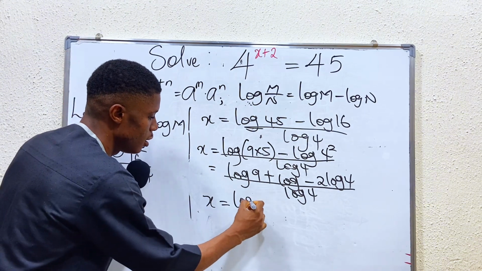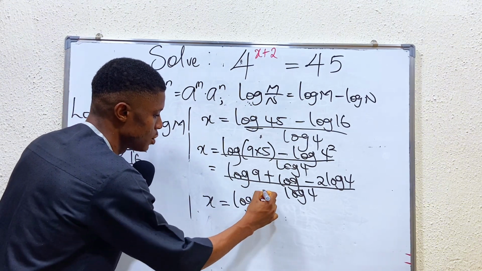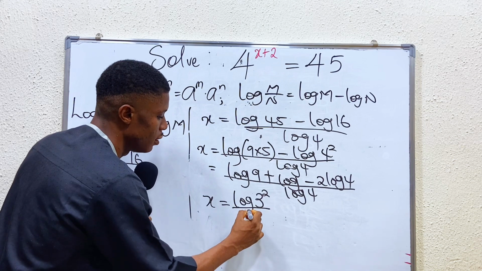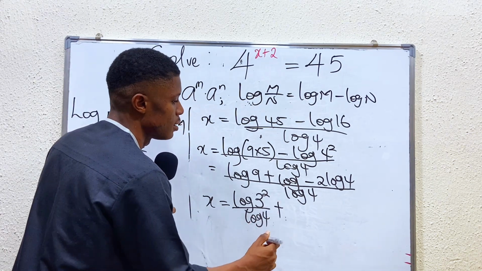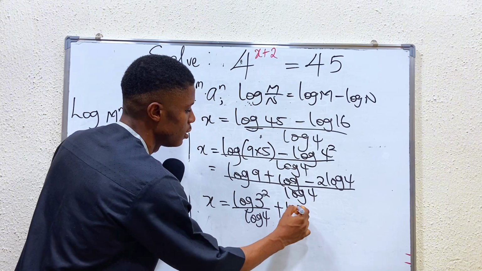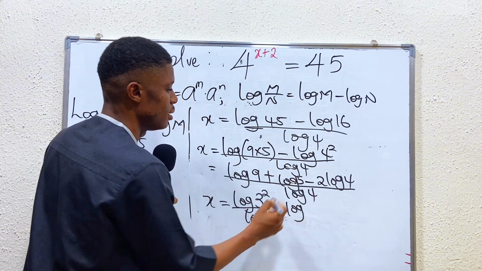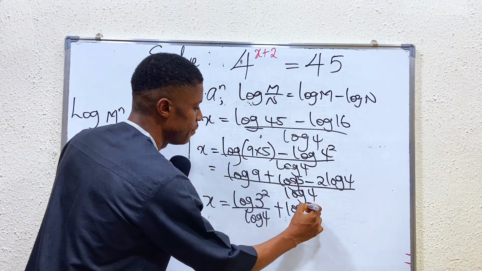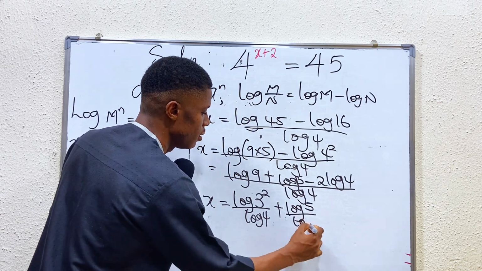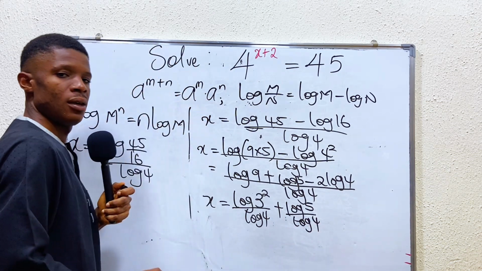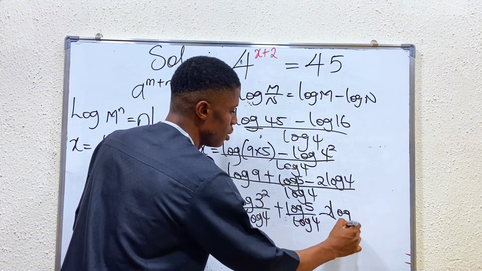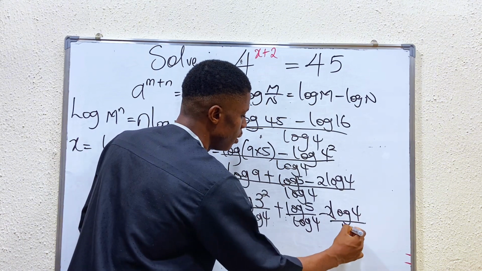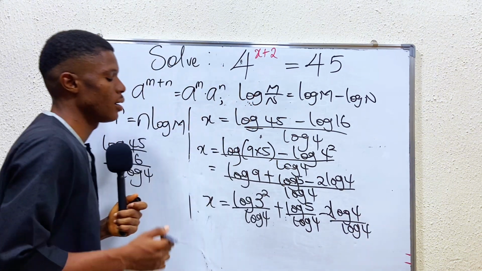We have it as log 3 squared, which is 9, over log 4, plus log 5 over log 4, then minus 2 log 4 over log 4.